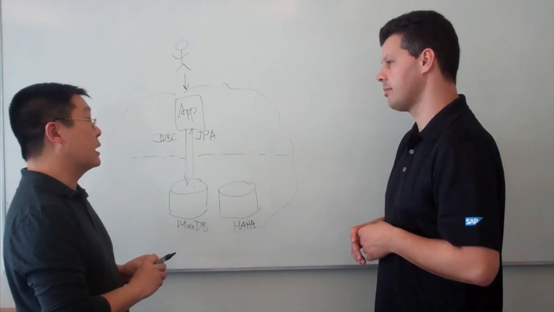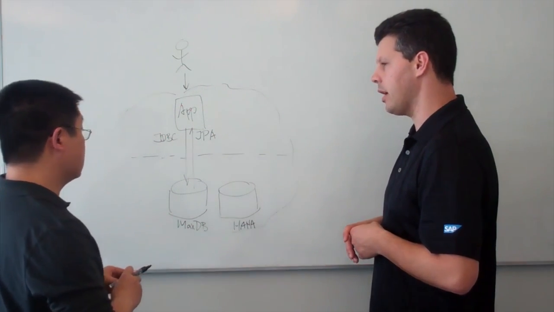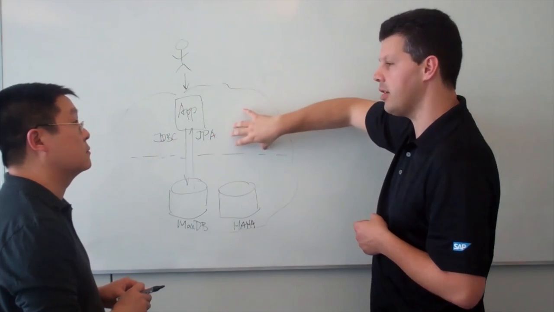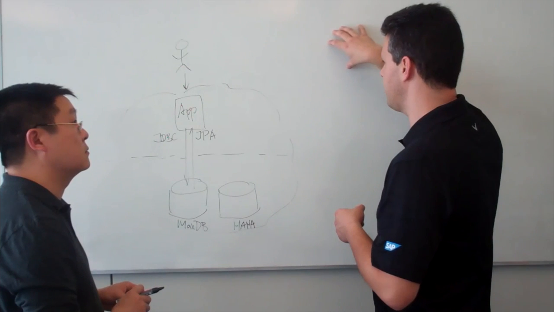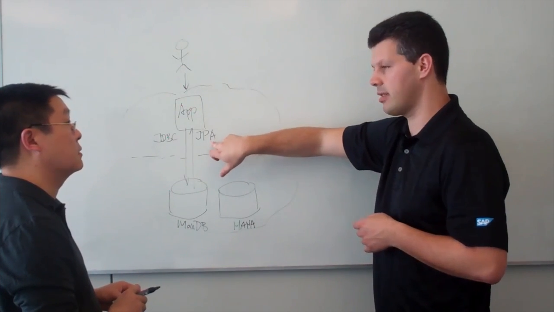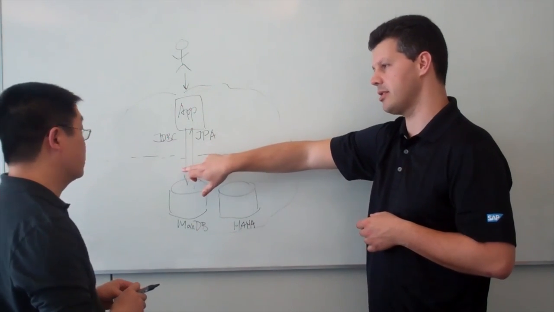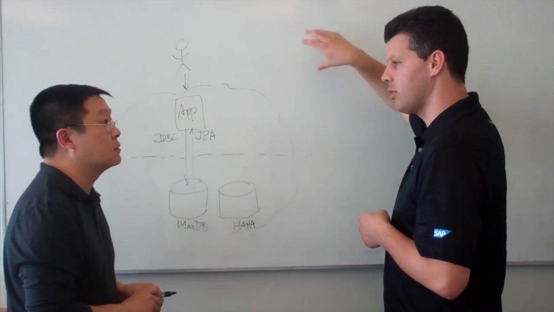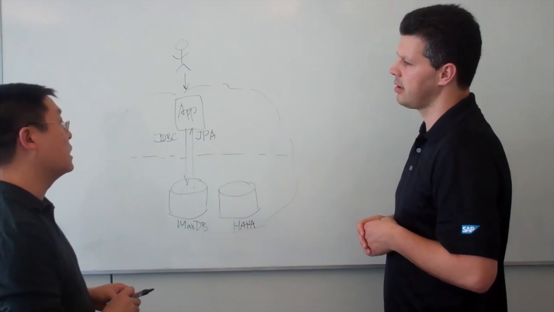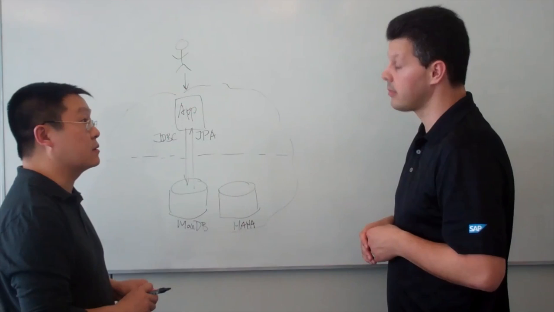I see. But if I want to look into databases which are, let's say, outside the cloud, or maybe somewhere in an on-premise system, there's nothing I would do with this programming model, right? I would use the connectivity service or the cloud connector. The persistence service doesn't support connections to external databases.